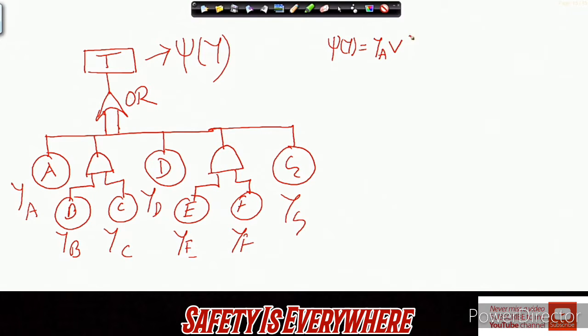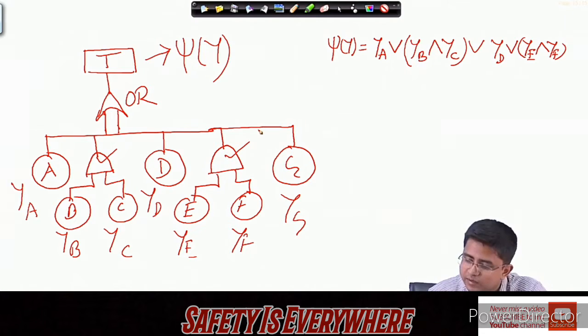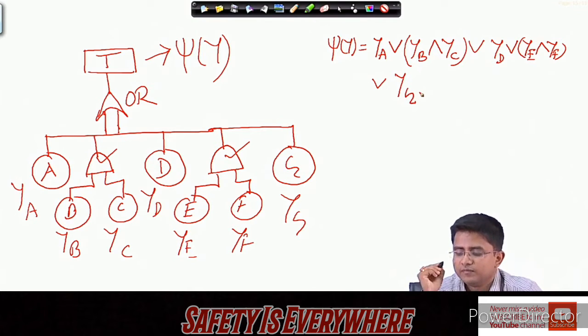Then the input is this AND gate, whose inputs are yb and yc, so yb intersection yc, as this is an AND gate. Again union yd, again union ye intersection yf, as this is an AND gate, again union yg.